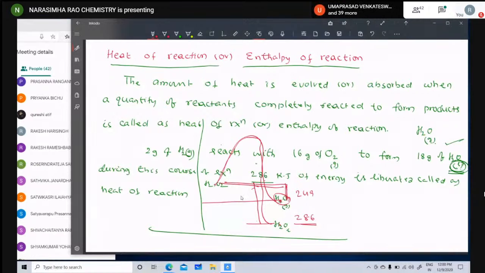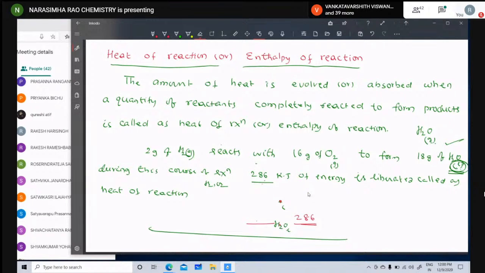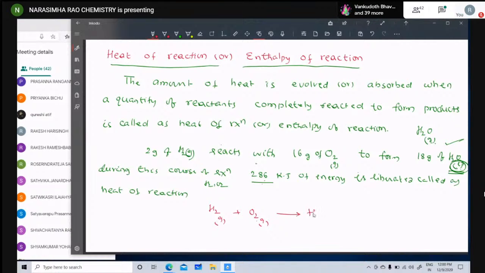Right. Now, this can be explained on the basis like this. It's clear here. Now, H2 gaseous plus O2 gaseous gives rise to H2O liquid state.